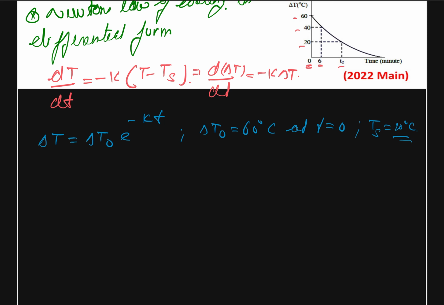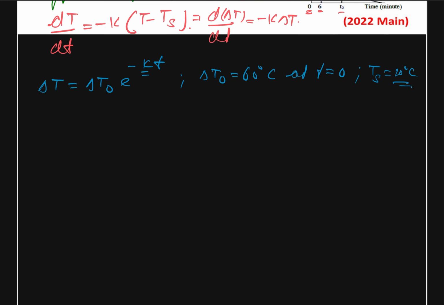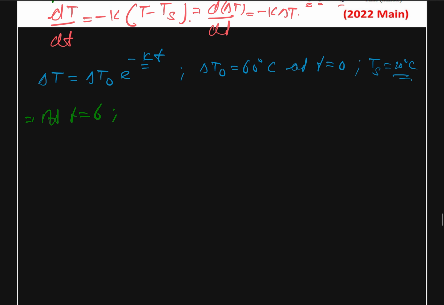So first of all, we are going to find out the cooling constant, which is represented as K. From the graph we know that at t equal to 6, we have a temperature difference of 40. So delta T is equal to 40 degrees centigrade.